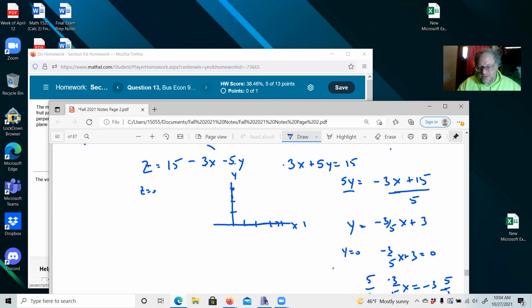I should use the method of intercepts. It would have been more clever. Okay, so we have that as our bottom. So this is the base of our little juice pack here.